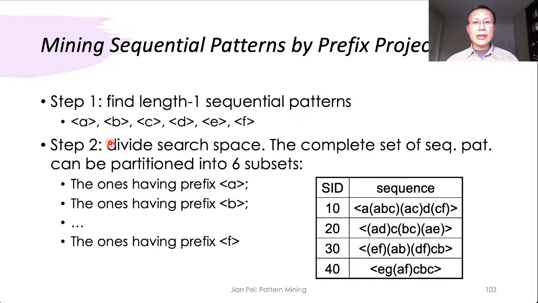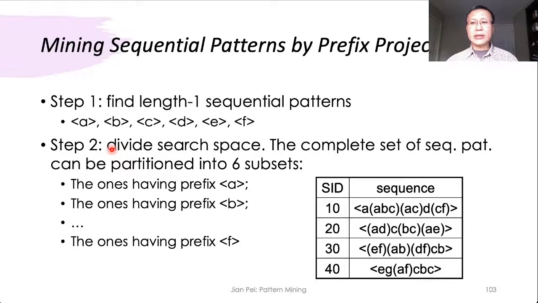Now, using these prefixes, we can do prefix projections. The algorithm works as follows. In the first step, we find the length-1 sequential patterns like a, b, c, d, e, f. And then in step 2, we divide the search space.